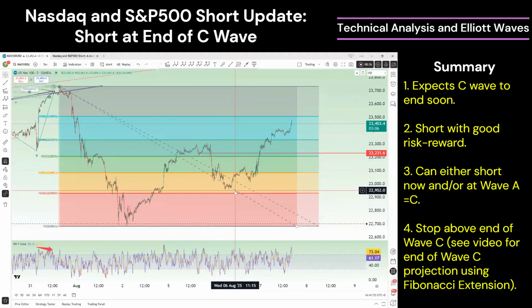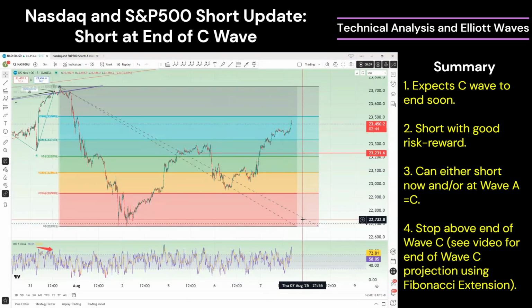Just maybe 200 points before it went up. Okay, so over here, I think is another opportunity to short. So if you have followed the analysis and shorted it, I hope you have protected that position and made some profit.